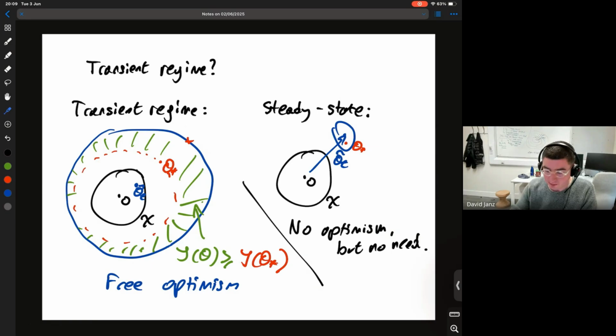On the other hand, if we've shrunk the confidence set, in the worst case, if theta star is exactly on the boundary here, none of the parameters inside of the confidence set allow for optimism.